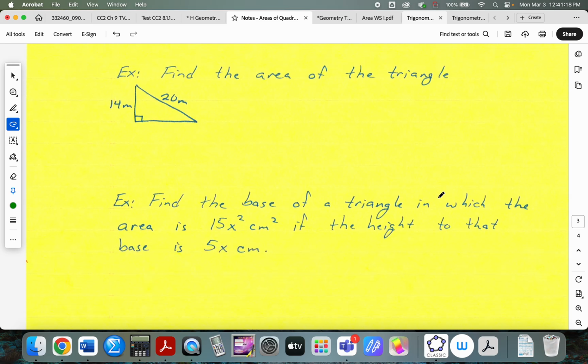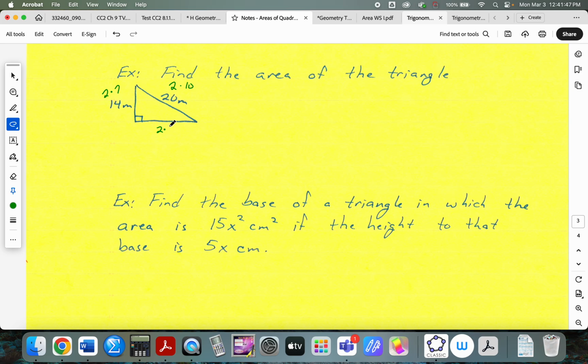So let's try this one. Find the area of the triangle. At this point, we've got the height, but we don't have the base. How am I going to find the base? Yeah, Pythagorean theorem. And since I want to give exact answers, I'm going to want to cut those down.